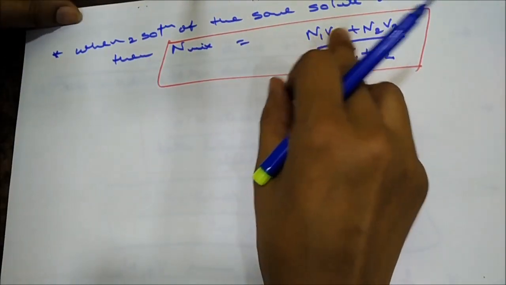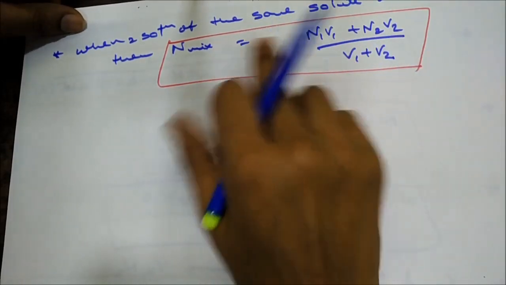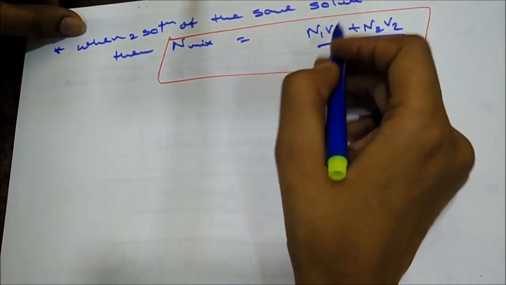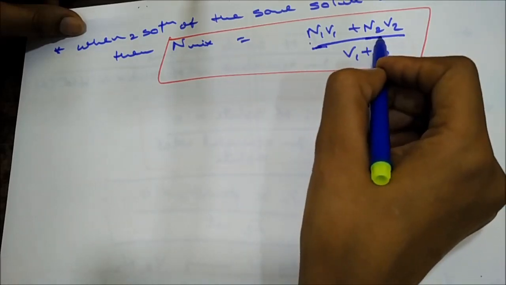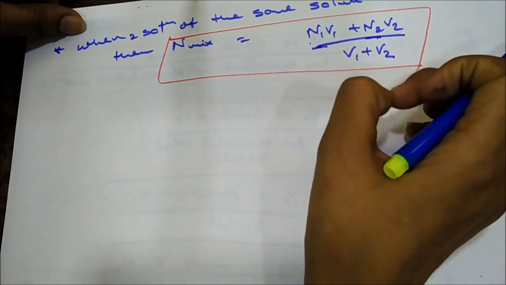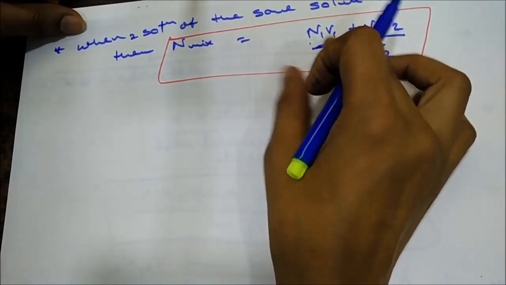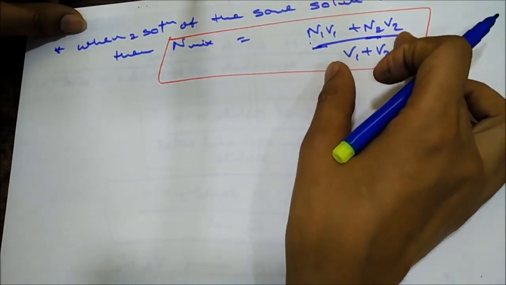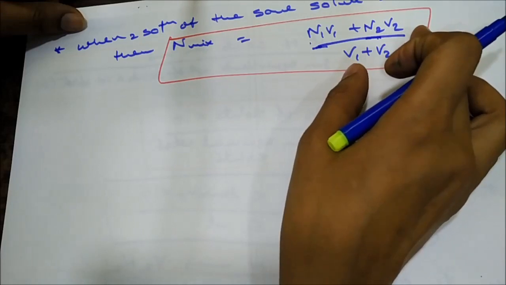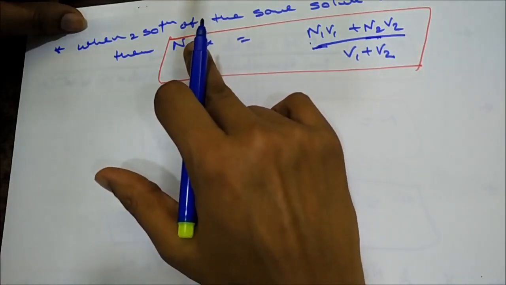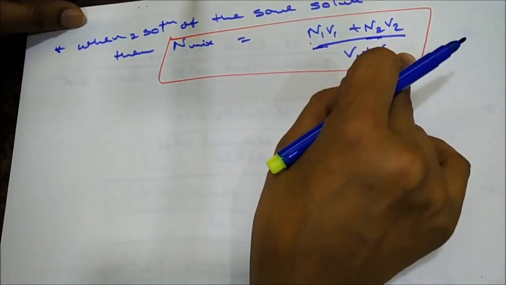N1 V1 for one solution and N2 V2 for another solution. So when we mix a solution of normality N1 and volume V1 with another solution having the same solute, with concentration N2 and volume V2, then the normality of that mixture will be given by N mix is equal to N1 V1 plus N2 V2 divided by V1 plus V2.